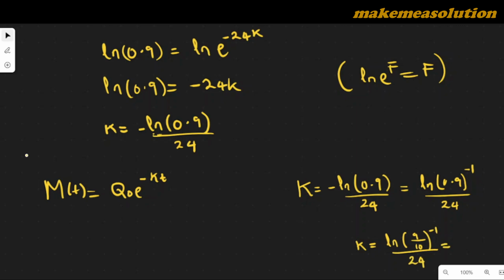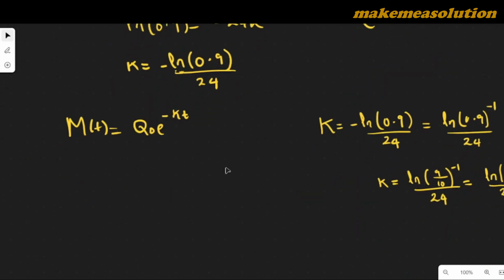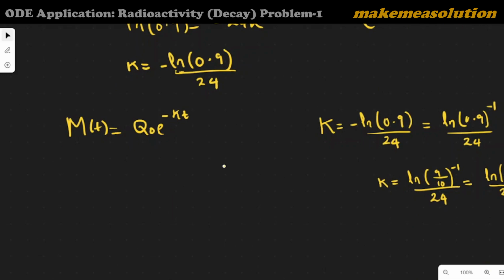And if you simplify this, you're going to get ln 10 over 9, since the reciprocal of 9 over 10 is 10 over 9. So this is the form that I prefer to express my k as. I didn't want to express it the normal way because I don't want this minus sign to cancel out. I want this minus sign to be here.